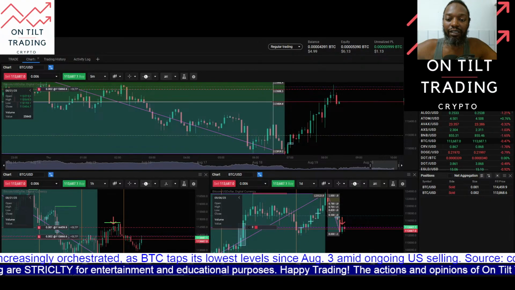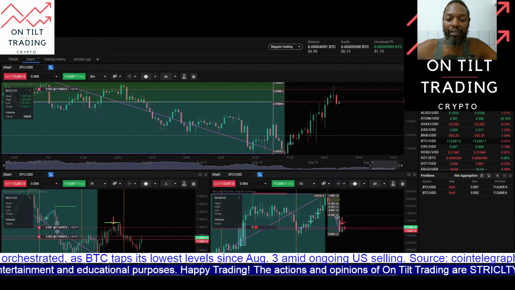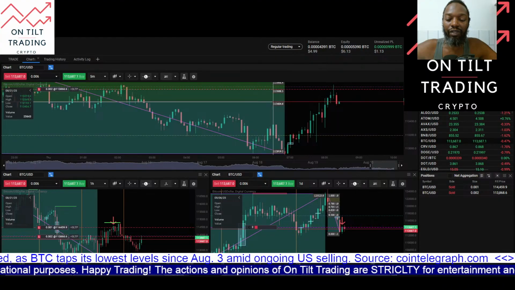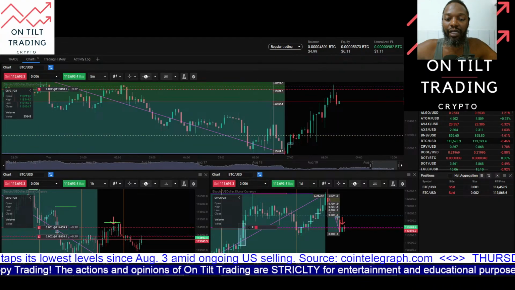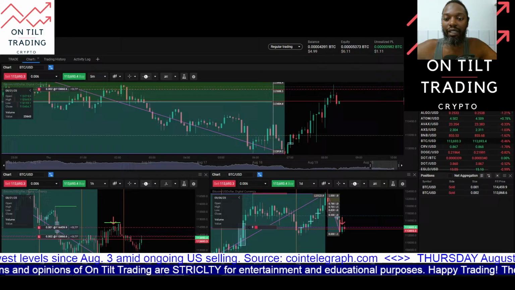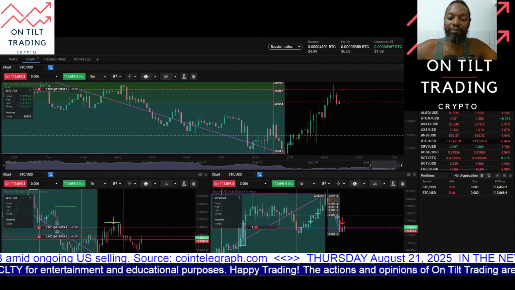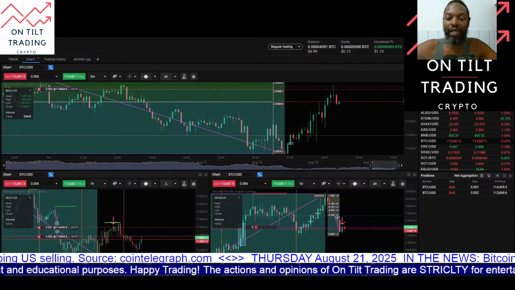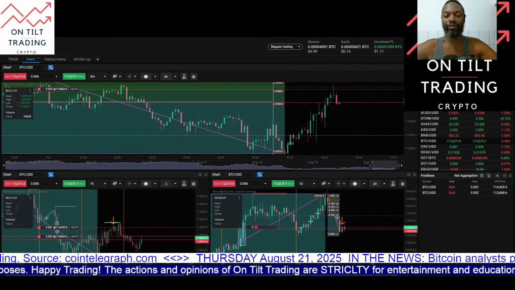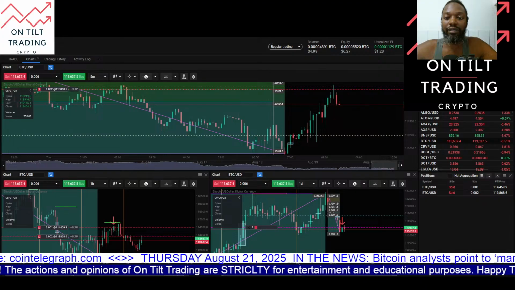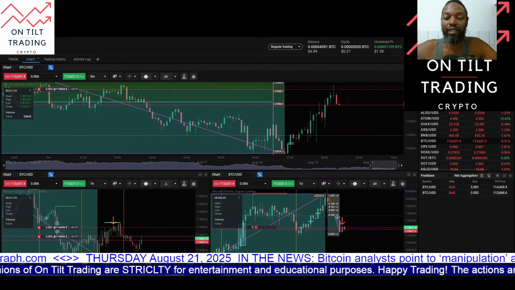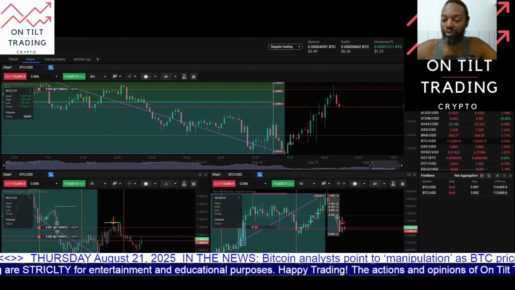So this sent the wick down. It did not come into contact with this fair value gap, about $1.50 shy, but it did come into contact with the 62% Fibonacci level, but outside of my time parameter, so I didn't get a chance to get this entry to take position into my limit order.